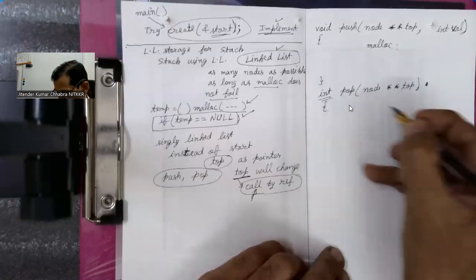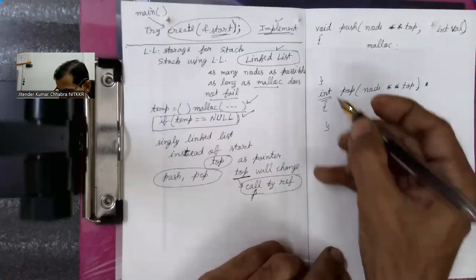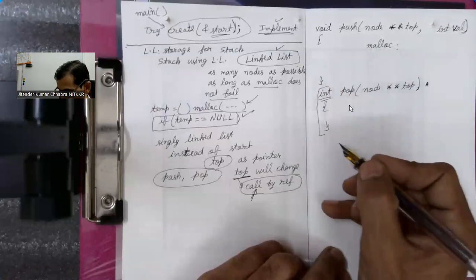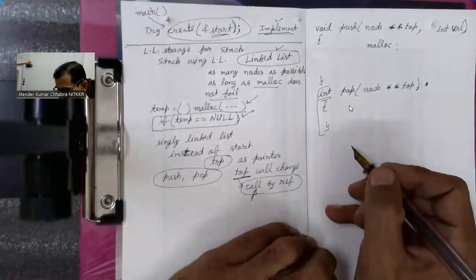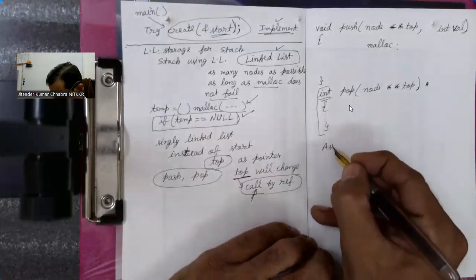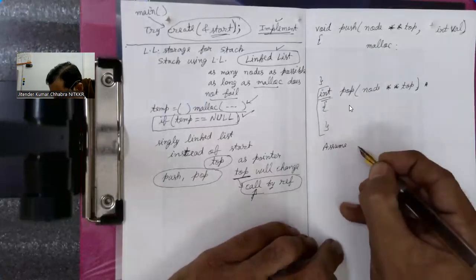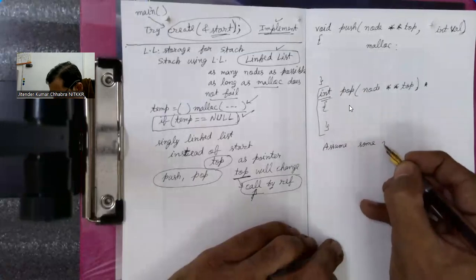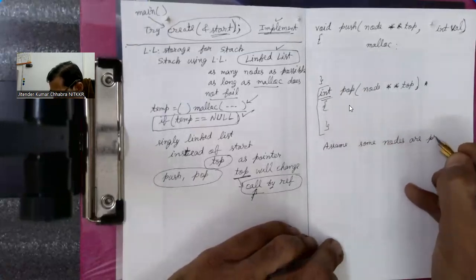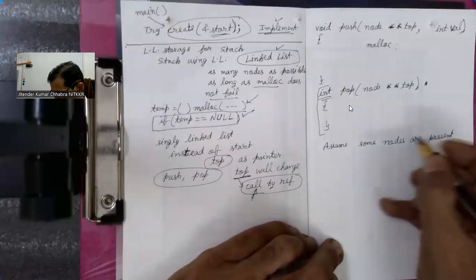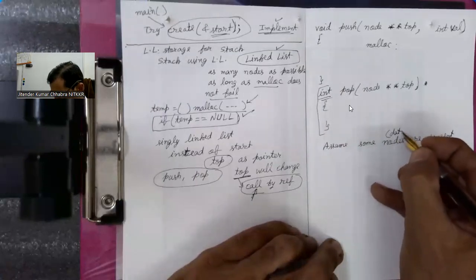So I want this to be implemented accordingly. I suggest you just try this and find what problem you face. Assume some data exists, top is not nil. Assume some nodes are present in the stack. Some nodes means some data is present.